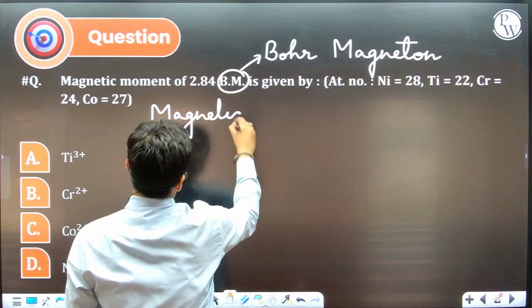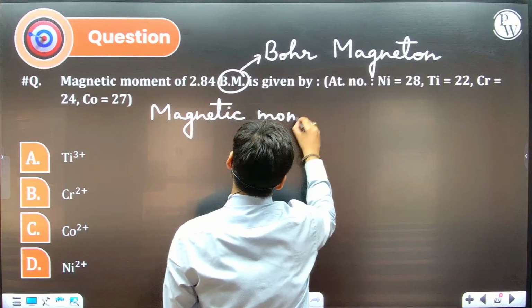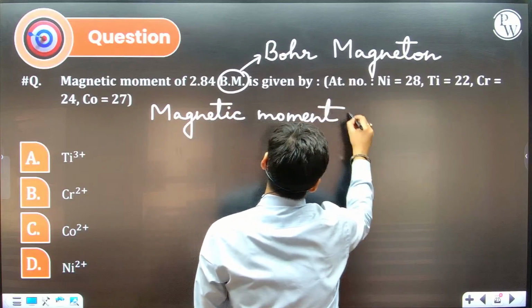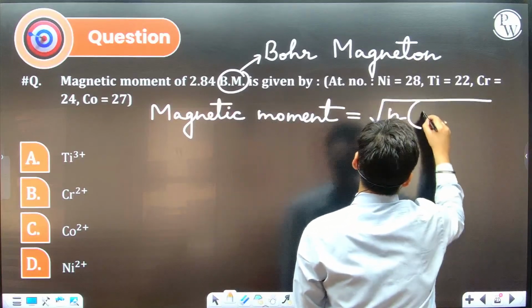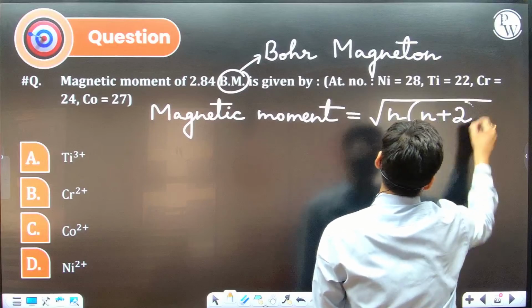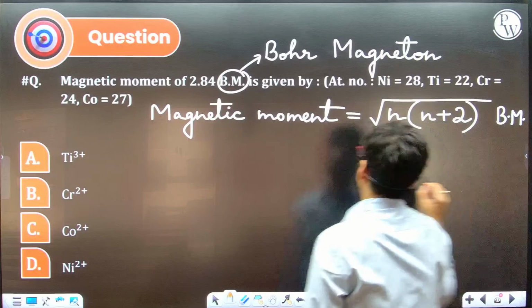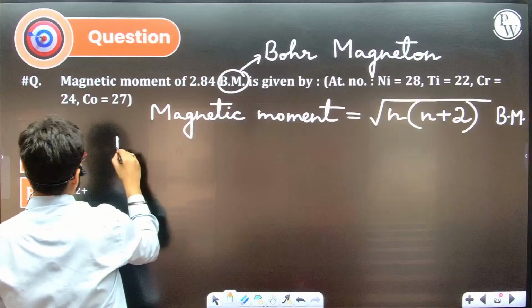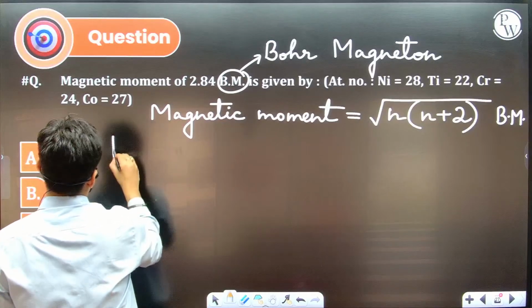How do we calculate magnetic moment? Magnetic moment is calculated by using this formula, root of n into n plus 2 BM, that is Bohr magneton. Now what is n here? Here n is the number of unpaired electrons.